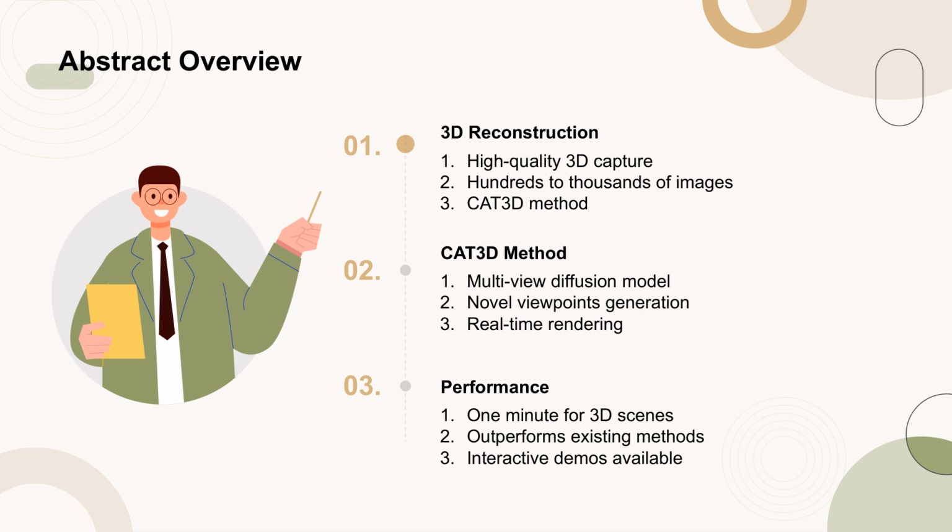These generated views serve as input for robust 3D reconstruction techniques, enabling real-time rendering from any viewpoint. Notably, CAT3D can create entire 3D scenes in as little as 1 minute, outperforming existing methods for single-image and few-view 3D scene creation. For more results and interactive demos, visit the project page at cat3d.github.io.